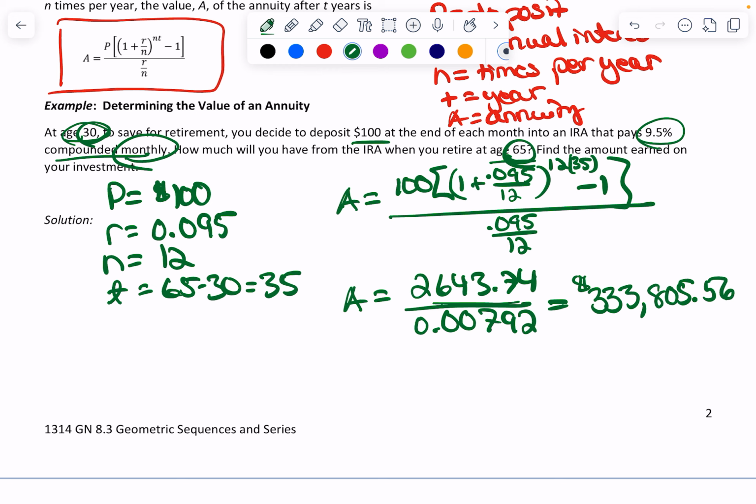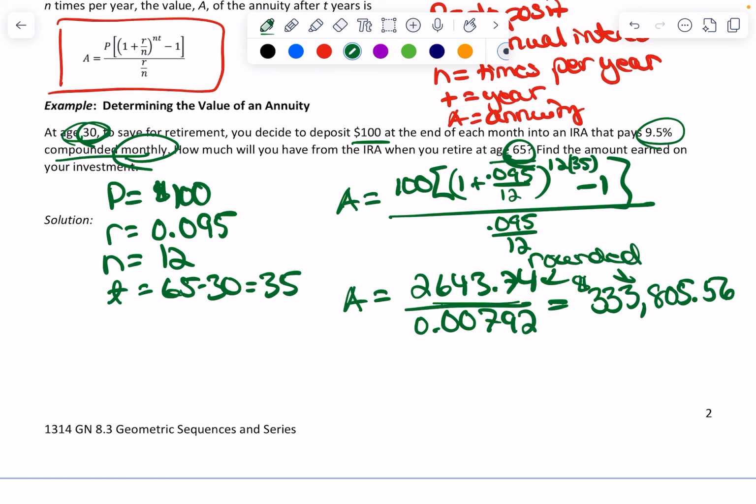I just want to double check something before I say anything. 12 times 35, and then take that down, minus 1, in close parentheses, divided by, and then parentheses 0.095 divided by 12, parentheses closed, and hit enter. Yeah. So these are all rounded values right here.